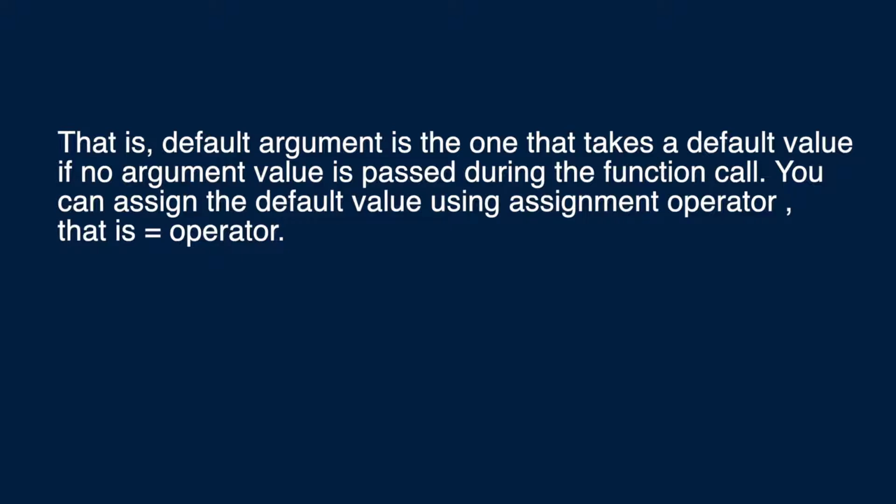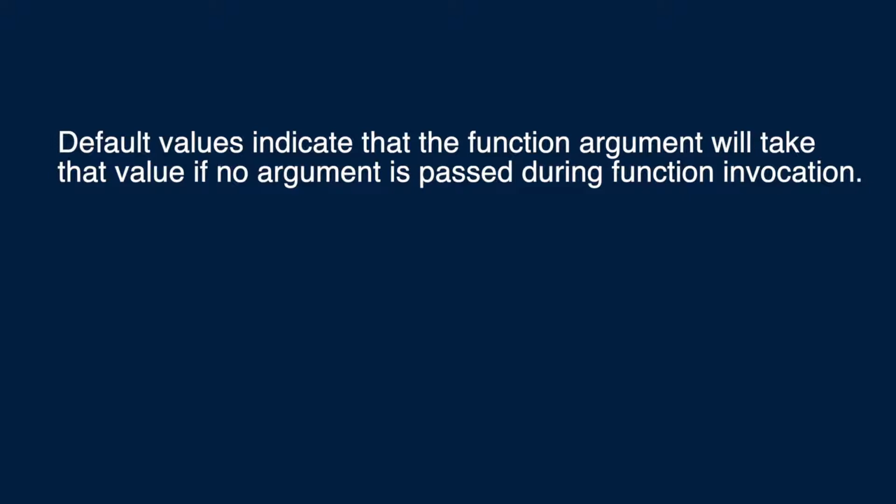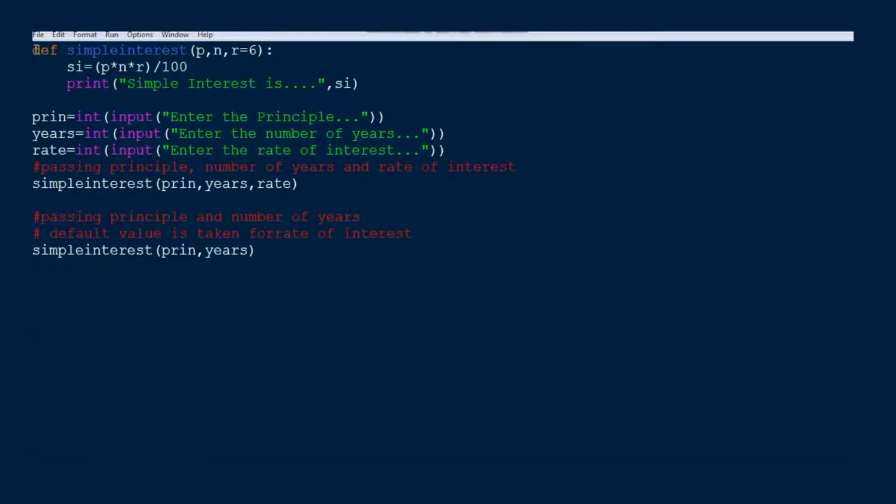You can assign the default value using the assignment operator, that is equal to operator. Default values indicate that the function argument will take that value if no argument is passed during the function invocation. Shall we see an example?